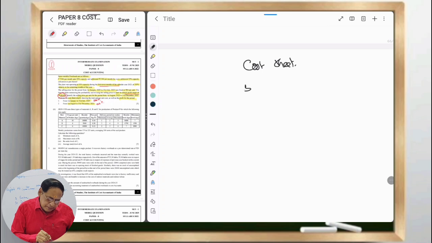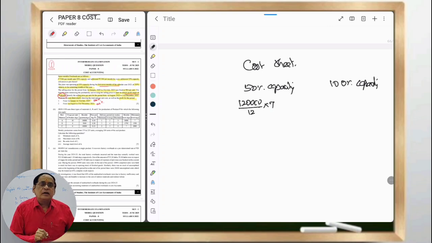For 50% capacity and 100% capacity, we will open two columns. 100% capacity is actually the total installed capacity, that is 1,20,000 units for 12 months. For how many months? The 50% capacity is utilized for 7 months, up to July.